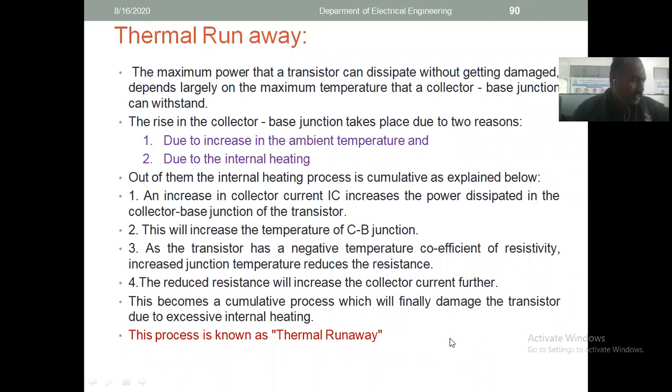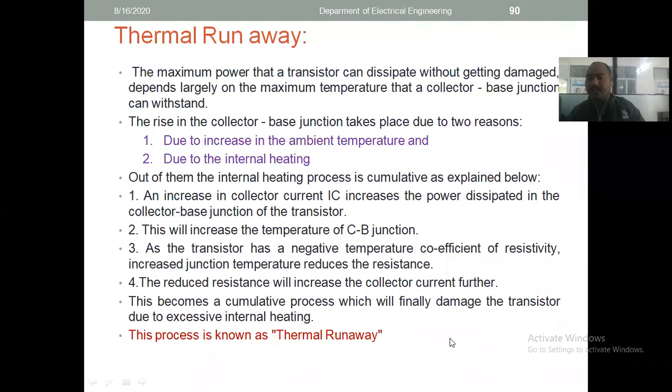One is the surrounding temperature of the device, that is, the transistor. The other is internal heating.